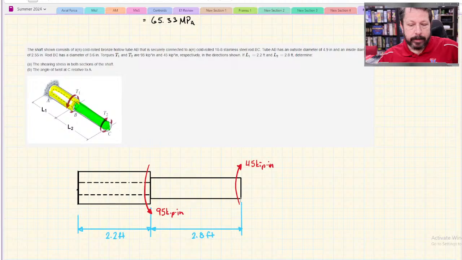So I really need enough torque going that way up, if you want to call that up, to balance the 95 going down. So I need another 40 kip inches so that my 40 plus 45 going up equals the 95 going down, and it's in equilibrium again. Oh, actually not, that would be 50, not 40.